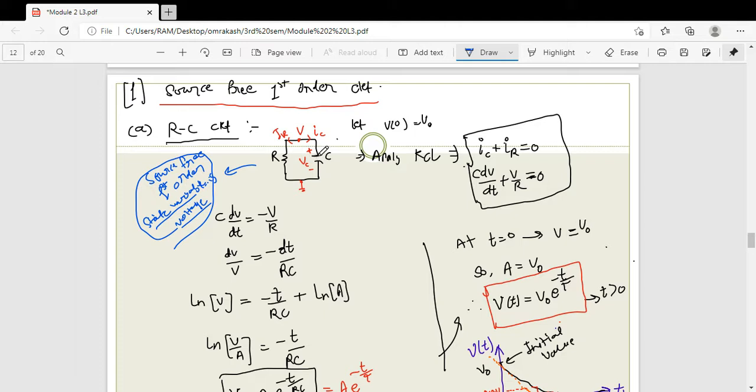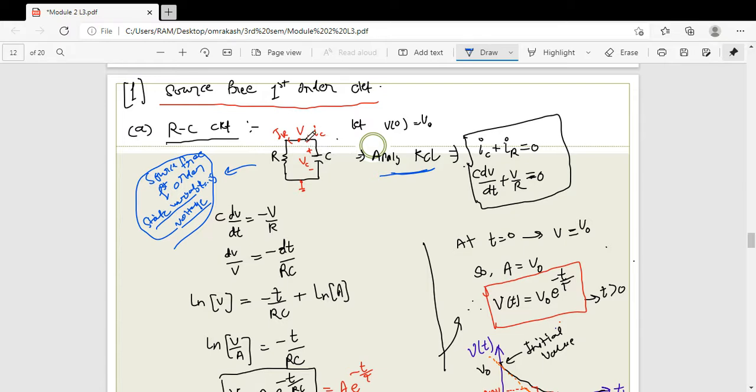Now, you have to calculate VC, right? So this is a common node for both elements, and one reference point is taken here, which is grounded. Now apply KCL for finding this VC. Observe this: when we use such a circuit, generally we have to calculate the equation for voltage, right?